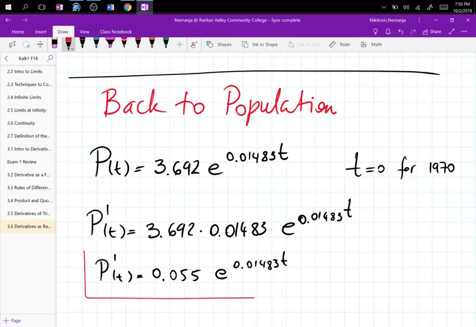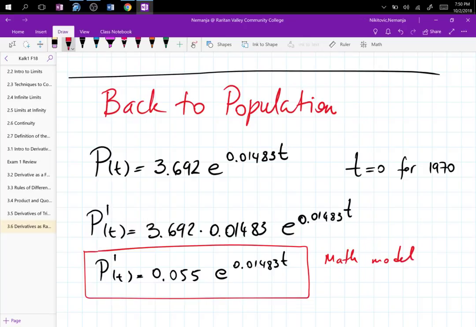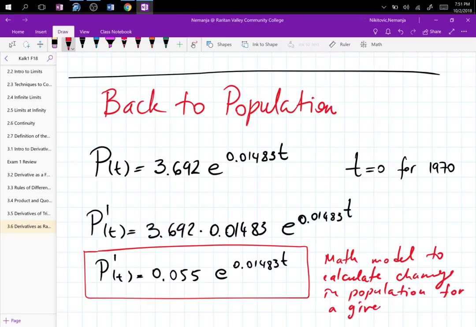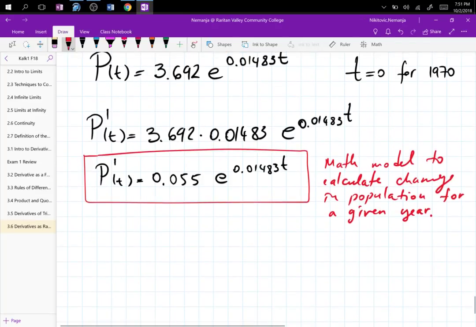This math model can be used to calculate the change in population for a given year.